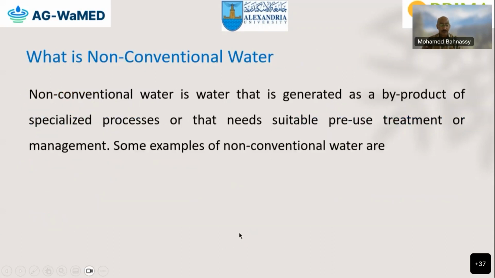Now we talk about non-conventional water. I will not go into detail, but just a simple idea. Non-conventional water is water that is generated as a byproduct of a specialized process or that needs suitable pre-use treatment or management.